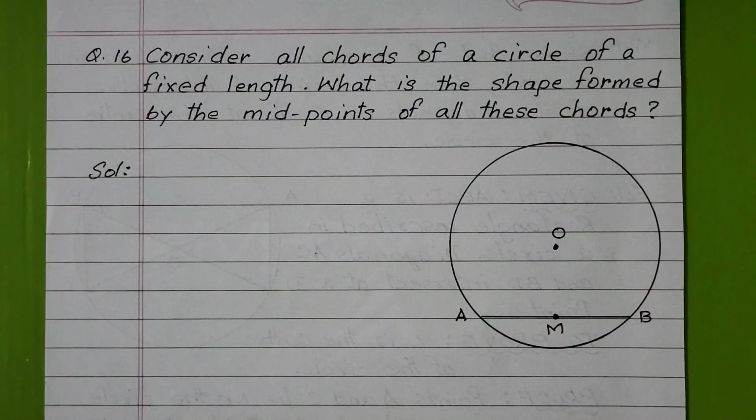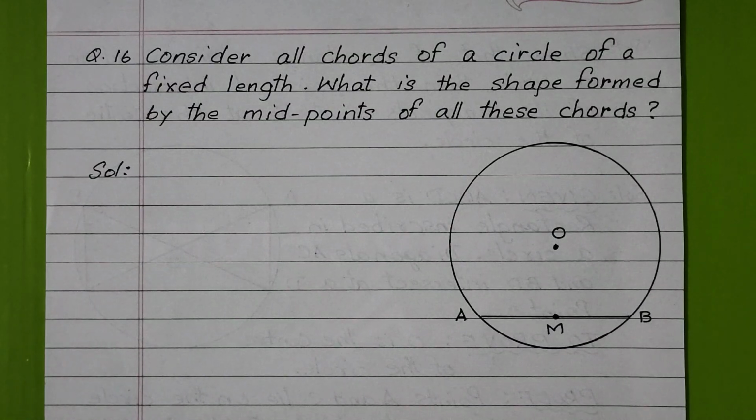Question 16 says, consider all chords of a circle of a fixed length. What is the shape formed by the midpoints of all these chords? So we have to draw the chords of equal length.